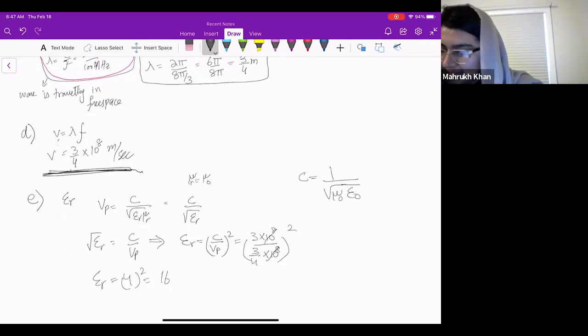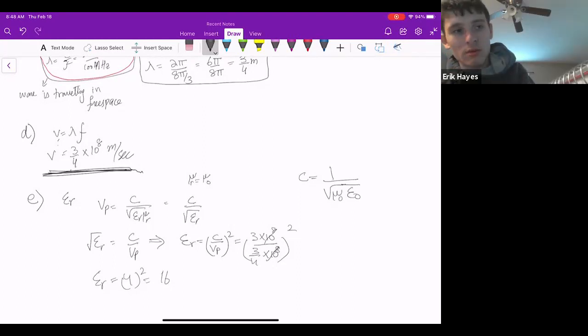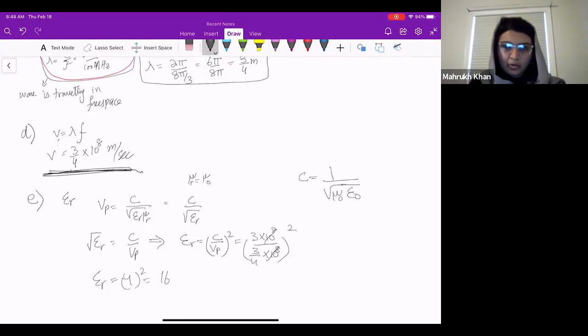So if I just replace this C as this, I don't need to replace mu r, right? Because it is equal to mu naught. I just want to confirm, one minute. So C is this, or C is under square root mu naught epsilon naught? Just a minute, I just need to confirm. Permittivity. Yes, it is this. Okay, so we are good.